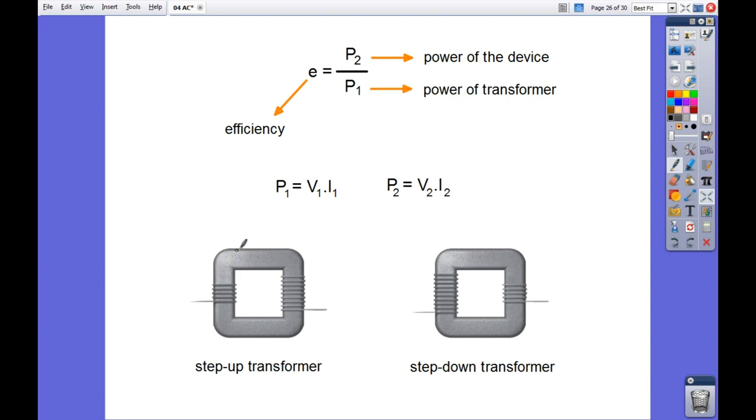Now, as you can see here, we have two kinds of transformer. The first one is the step-up transformer.